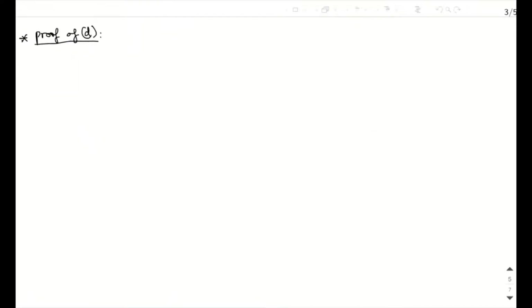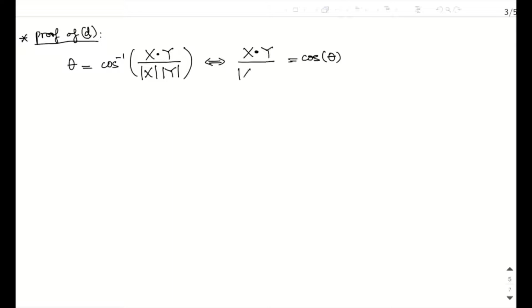We are going to utilize the definition of the angle between the two vectors. But this is the same as cosine of theta equal to the dot product divided by the product of the lengths.